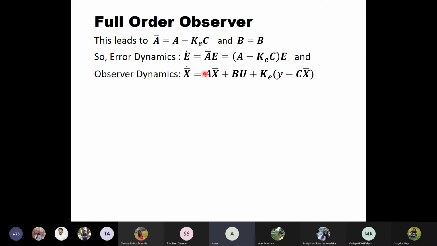Now if I put A bar as A minus KeC, and B bar equal to B, I replace these two expressions in the observer dynamics equation, and I get the final observer dynamics equation as x bar dot equals A x bar plus Bu plus Ke (y minus C x bar).